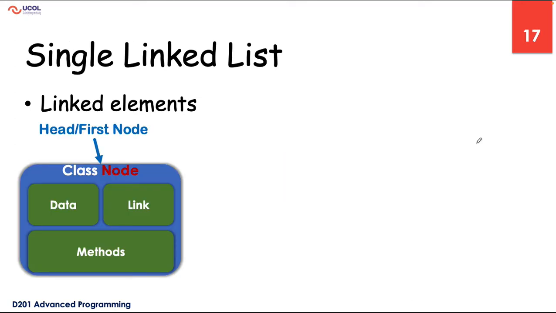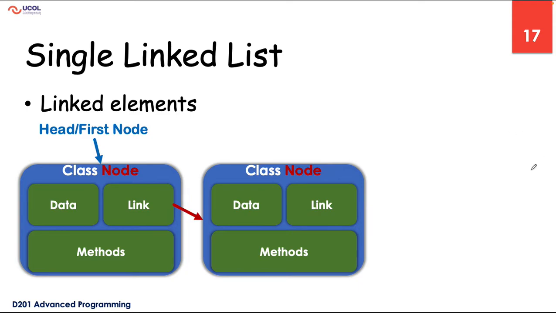This is the head node, or the first node. If that link is null, it means there is no next element in that list.